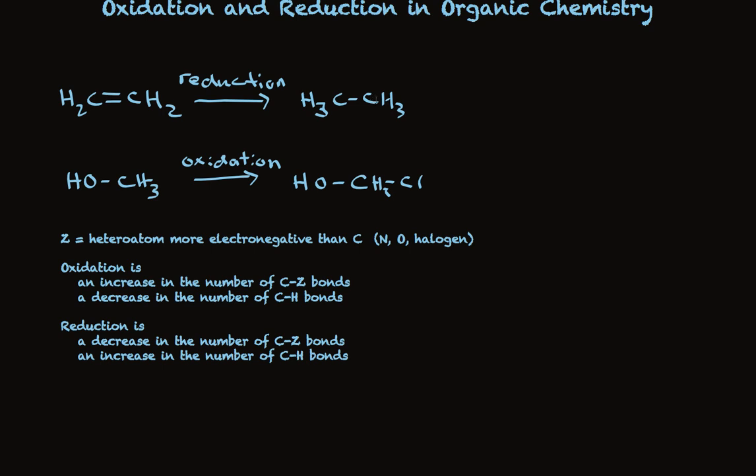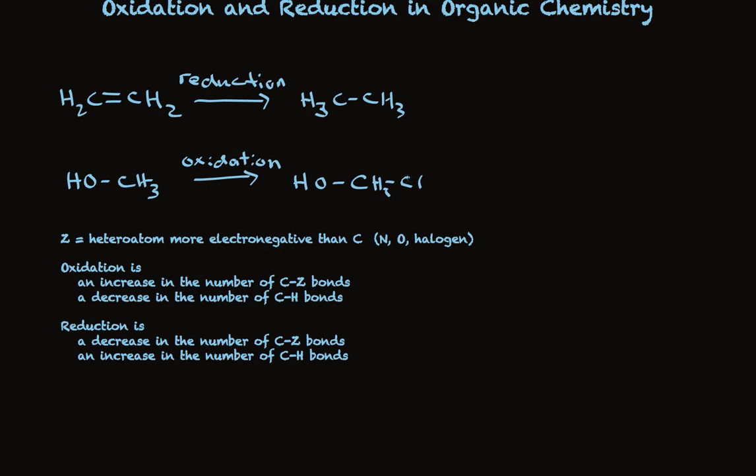In the second example, there is 1 CZ bond and 3 CH bonds. In the product, we have 2 CZ bonds, and we've decreased the number of CH bonds. So this clearly is an oxidation. We can apply this to lots of examples, and I encourage you to do some practice on this so things make sense to you.